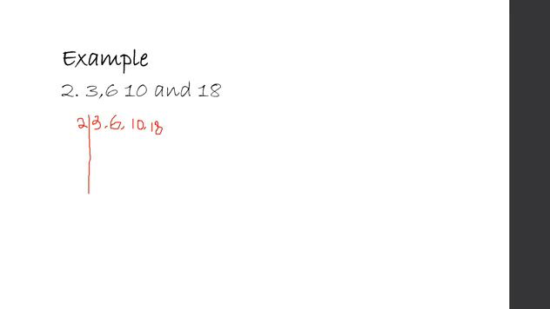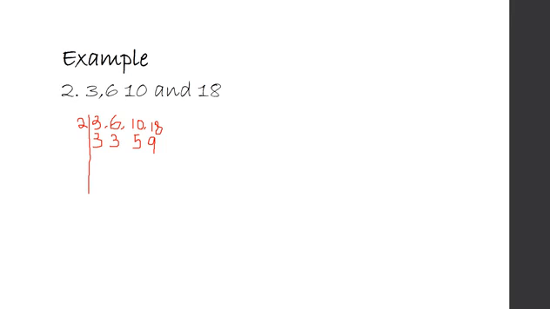Start with the lowest prime number. So 2 in 3 will have a remainder, so you don't do anything about it, you drop the 3. 2 in 6, you have 3. 2 in 10, you have 5. 2 in 18, you have 9.